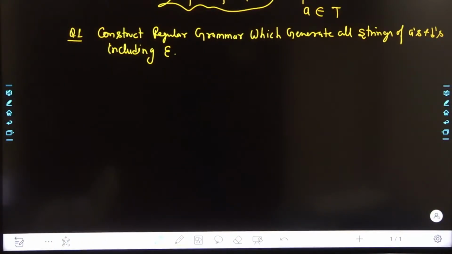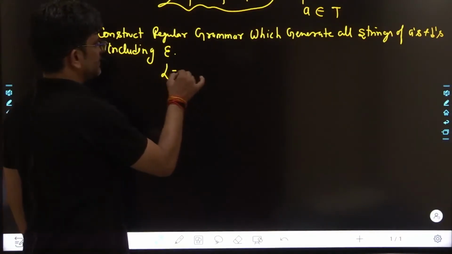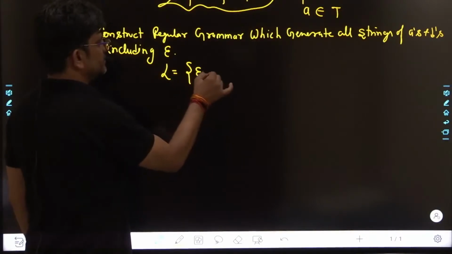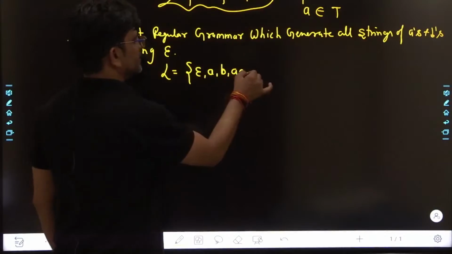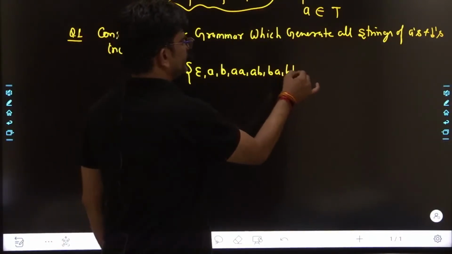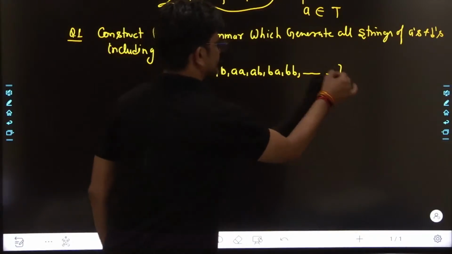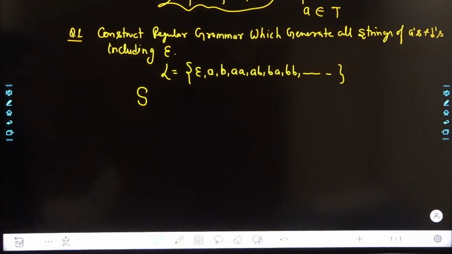So, see, what is the language? L contains epsilon, single a, single b, aa, ab, ba, bb, and many more strings. S is the starting symbol of the grammar.